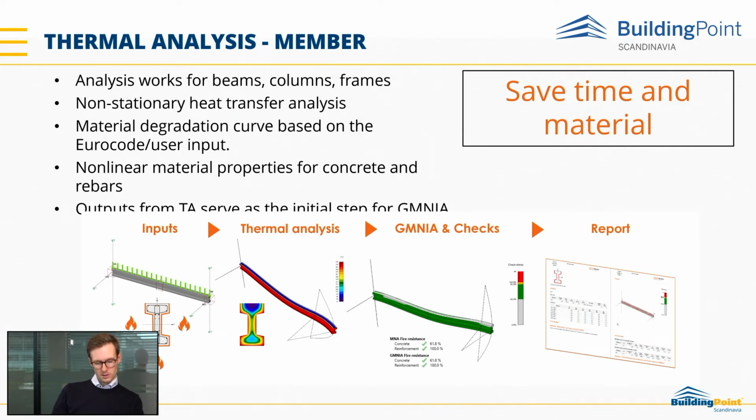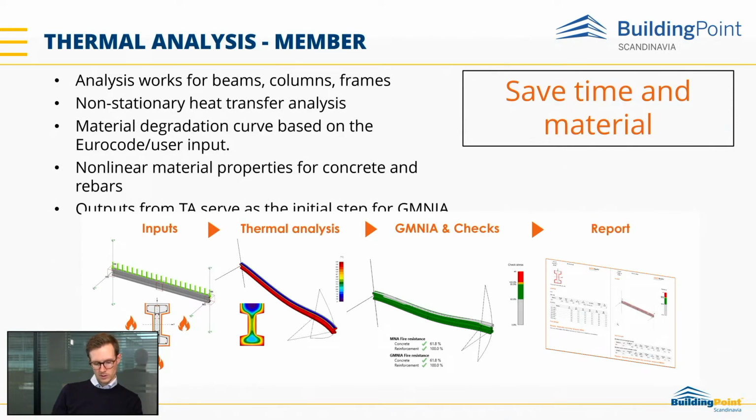The analysis is valid for beams, columns, and frames in this member application. This is a non-stationary heat transfer where nonlinear material diagrams are also used together with material degradation according to the temperature field in the cross section.